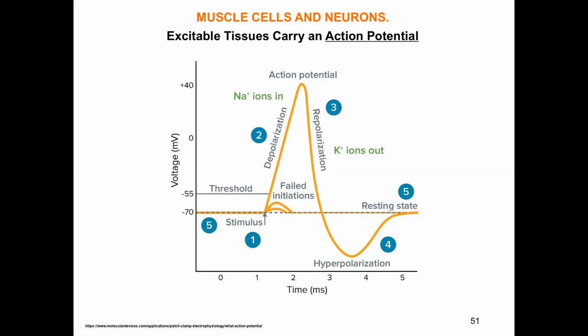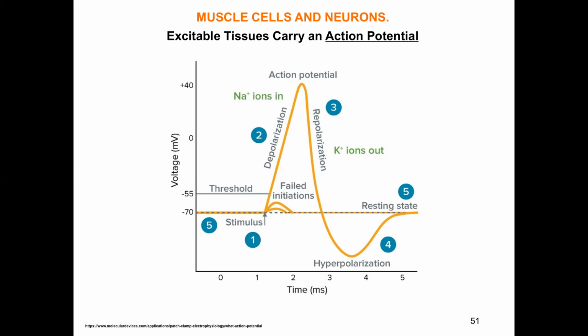So why does it do that? Well, it's responding to some sort of signal, right? A neuron will create an action potential because it's sensing something, or it's been signaled by a sensory cell, and it will carry that information on to either another cell or a muscle cell or a gland. Whereas a muscle cell will do this in response to a nervous signal from a neuron, right?